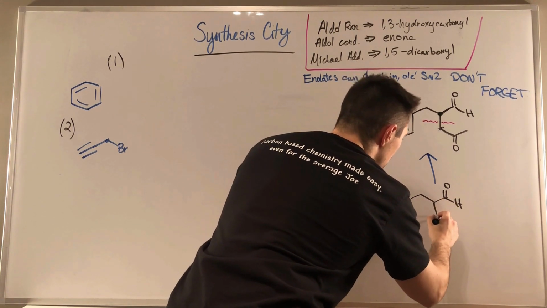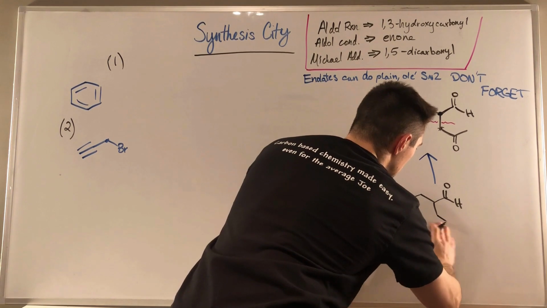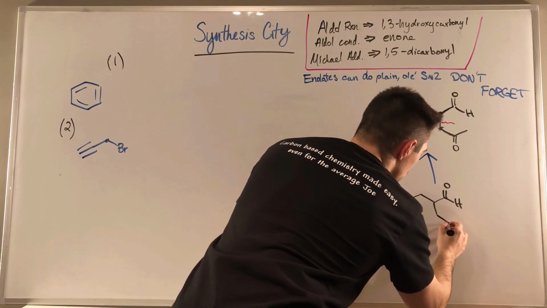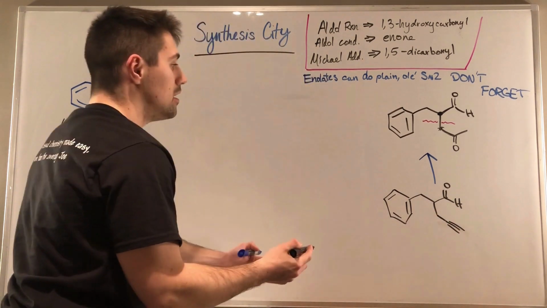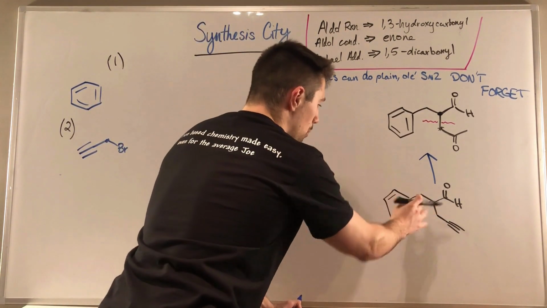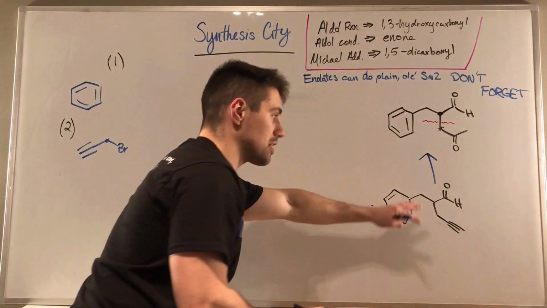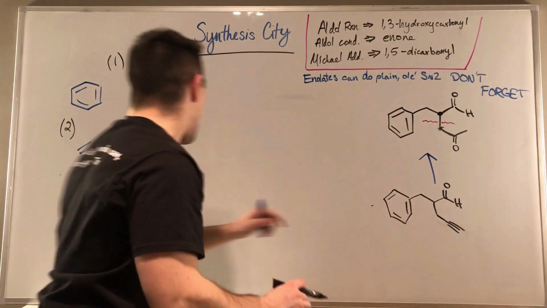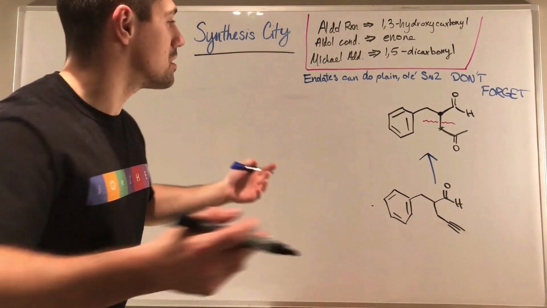It's not too tricky to see that if I drew this, you can see the 1, 2, 3 carbons right there. You can see that at this point in time, this is the product of an SN2 reaction where we had enolate attack this. That's what I'm trying to say. Of course, I'm jumbling my words.